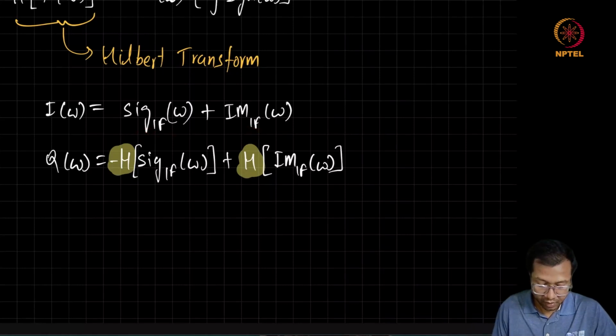So what we do is we apply one more Hilbert transform on the Q of omega.